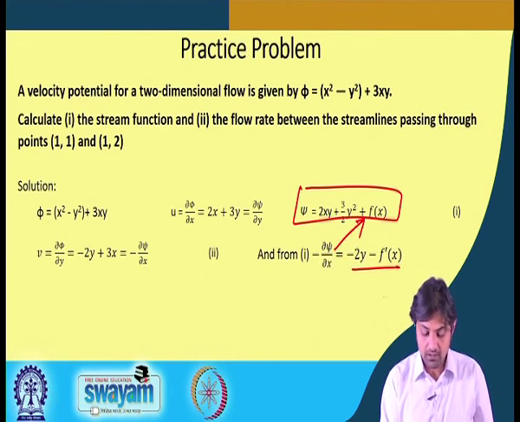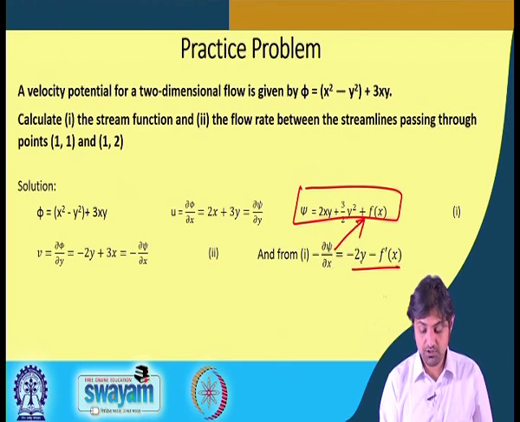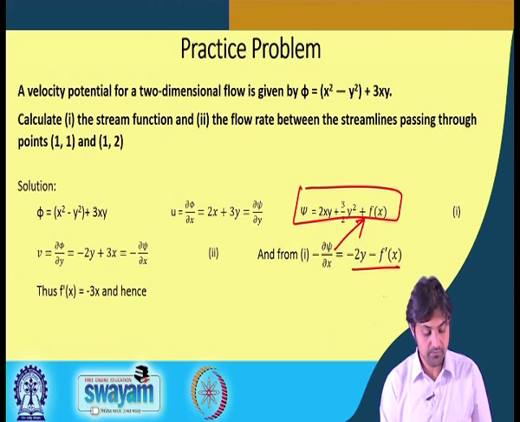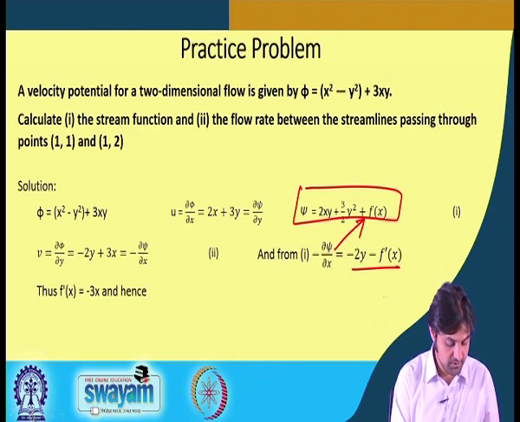Then in the end we have substituted it with this. Thus f dash x is equal to, let me just go back.